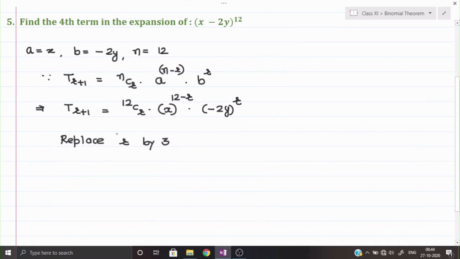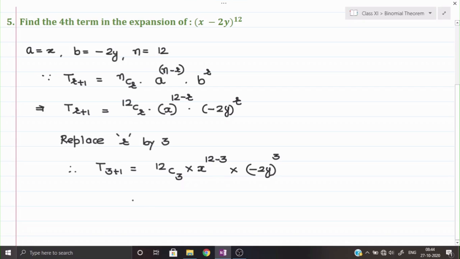So we will get the fourth term over here. T 3 plus 1 is equal to 12C3 into x to the power 12 minus 3 into minus of 2y whole power 3.